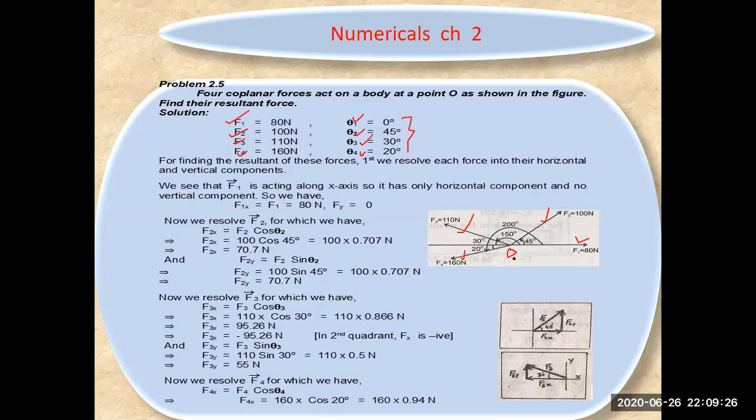So you are asked to calculate the resultant of these forces. Then what you have to do? Sequentially, you have to move here. First, you will calculate the horizontal component of force F1.